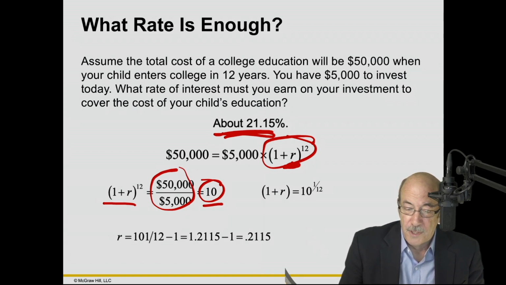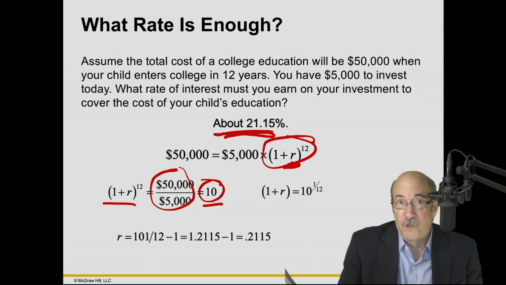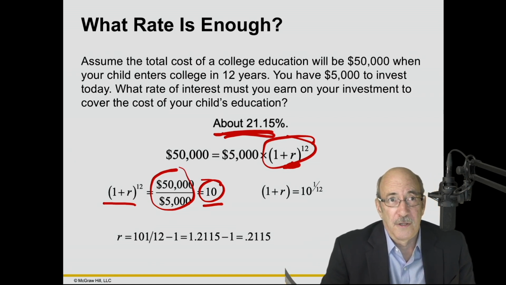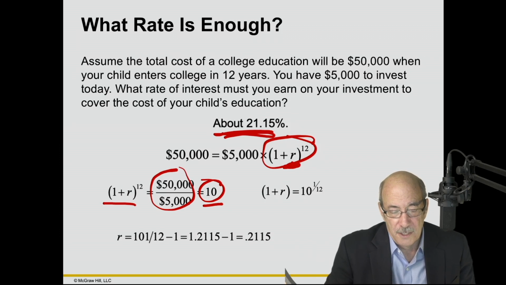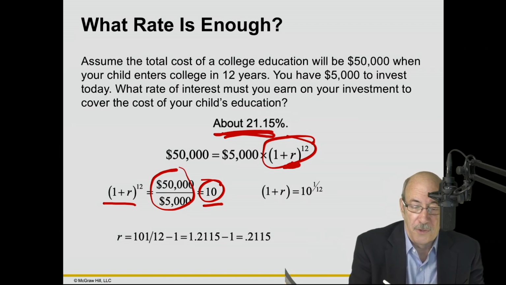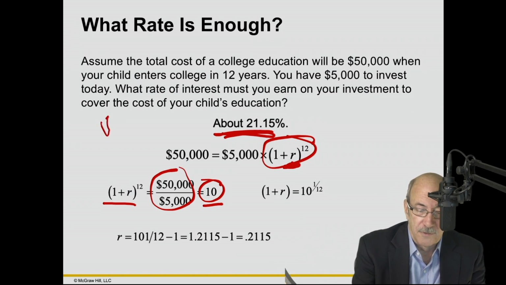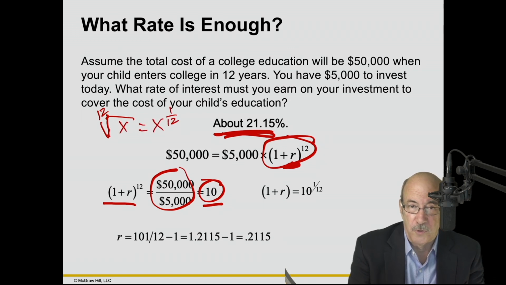Now, one other property that we can use is taking the root of something, and in this case it's the 12th root, to get rid of that 12 exponent on the left-hand side. So if we take the 12th root of both sides, and by the way, this radical that you see, you could write it as that, or you can write the 12th root as an exponent of 1 over 12.